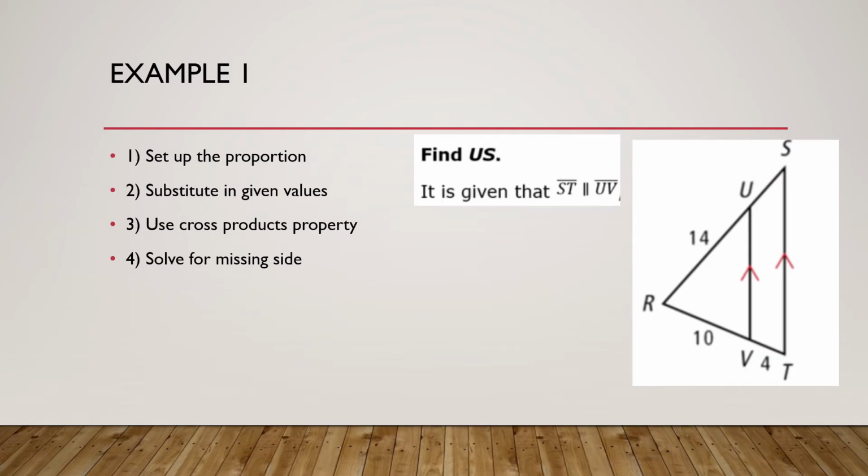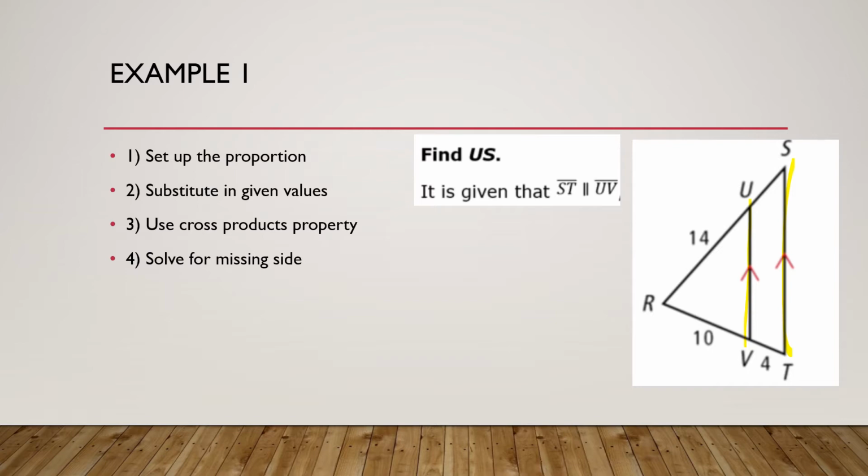So we are trying to find US. The first thing we notice is that we're given that VU and TS are parallel to each other. So now we know that the sides are cut proportionally.